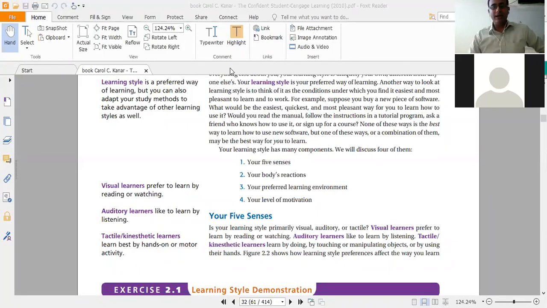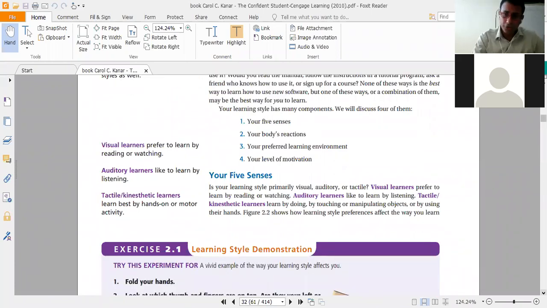ठीक है? And in order to perform these three learning styles, it has many components. Your learning style has many components. We will discuss four of them. इनमें से चार कौन से हैं? वो ये हैं. Your five senses.